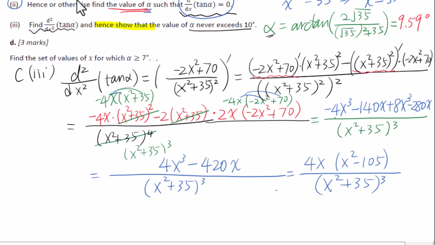Hence, show that the value of alpha never exceeds 10 degrees.